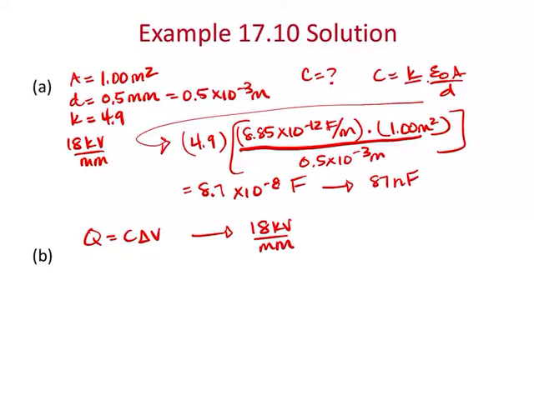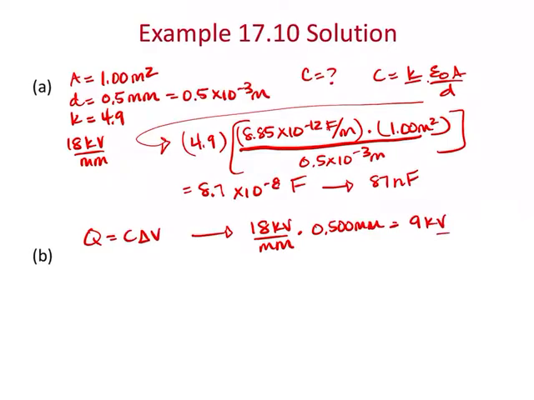So we need to get that into voltage. The distance we were given is 0.5 millimeters, so we can multiply by 0.5 millimeters and come up with 9 kilovolts.